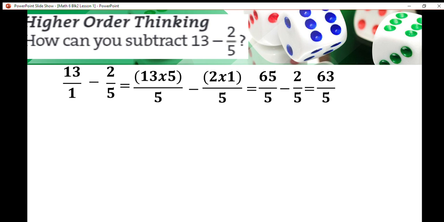As you observe, the answer is an improper fraction. So we need to simplify it by dividing. So 63 divided by 5. Okay, we'll perform it in a manual way. 6 divided by 5 is 1. 1 times 5 is 5.